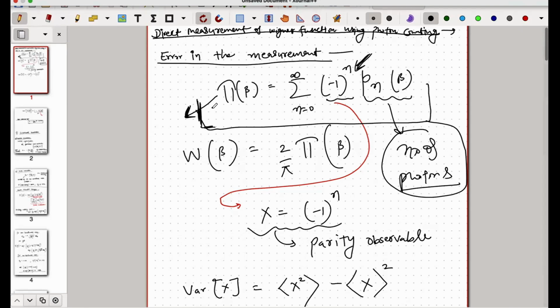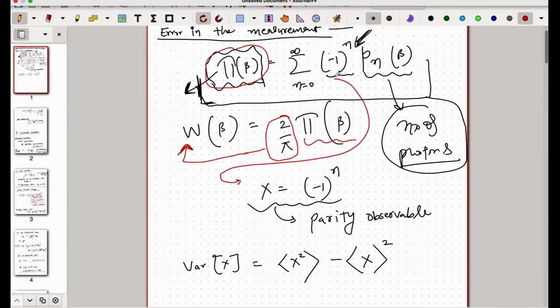So it will give us this parity probability distribution. And if we put a normalization factor in front of it, it will give us this Wigner function that my teammates have been discussing till now.